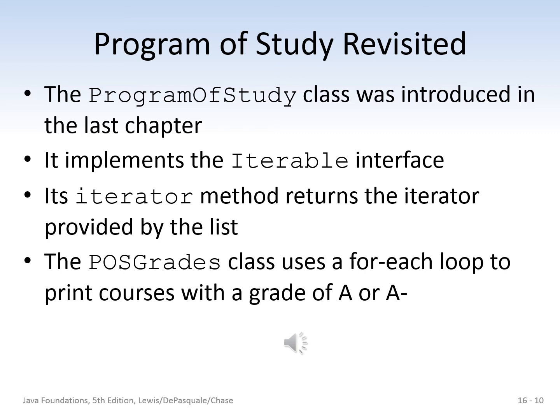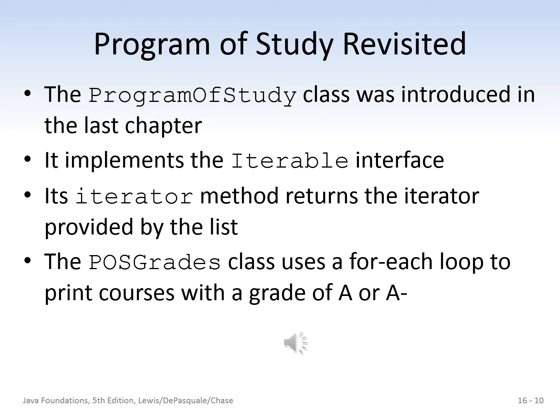Program of study was a class that we used to build a kind of a transcript, if you will, in the last module. And here it is introduced or reintroduced or referenced as we're studying iterable.